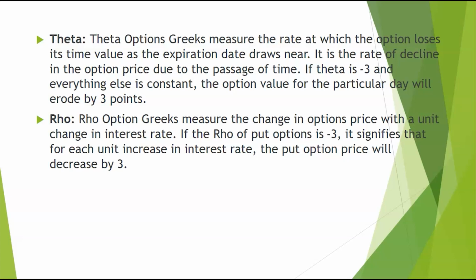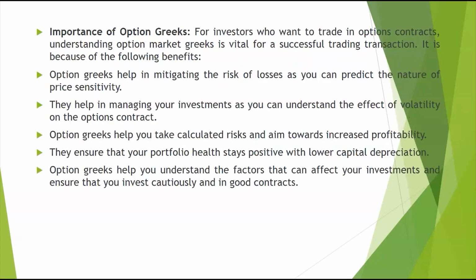If theta is -3 and everything else is constant, the option value will erode by 3 points on that particular day. Rho. The rho option Greek measures the change in option price with a unit change in interest rate. If the rho of a put option is -3, it signifies that for each unit increase in interest rate, the put option price will decrease by 3.